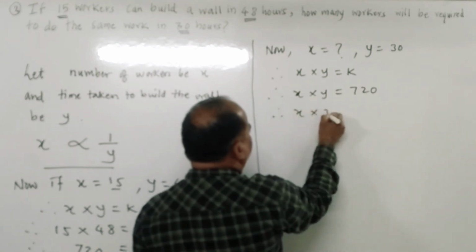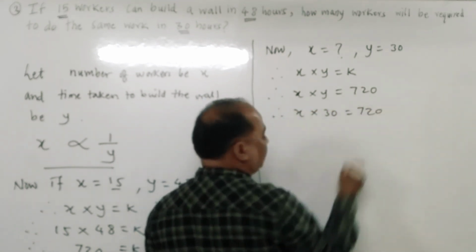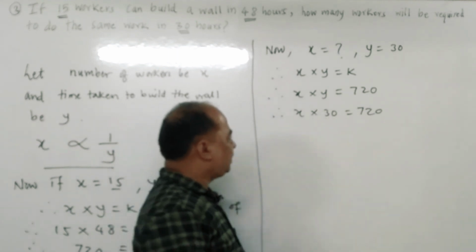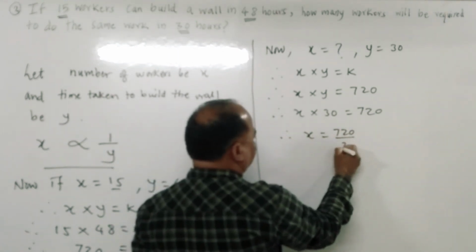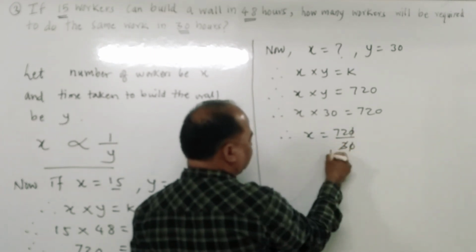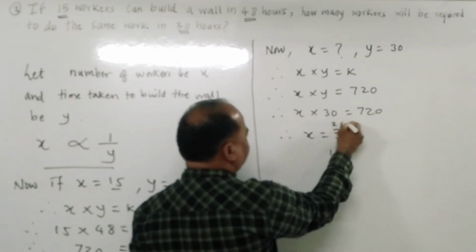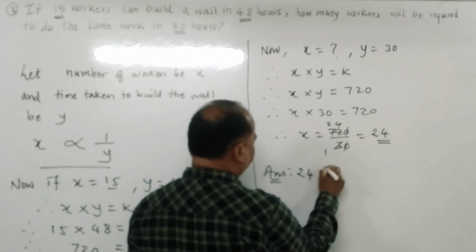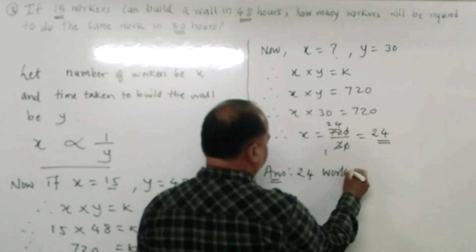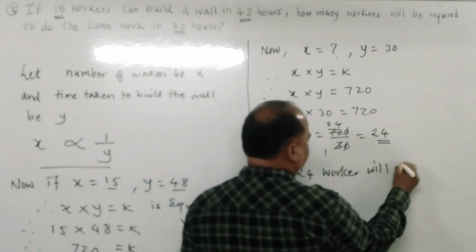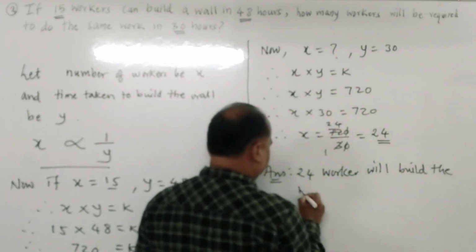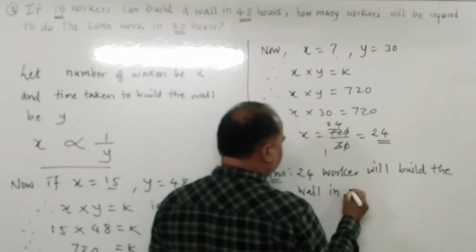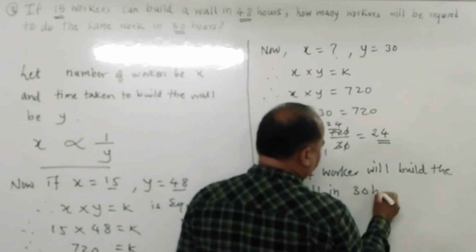Therefore x into 30 is equal to 720. Put y equal to 30. Therefore x is equal to 720 upon 30. Zeros cancel. 3 ones are 3, 3 twos are 6, 3 fours are 24. So 24 workers will build the wall in 30 hours.